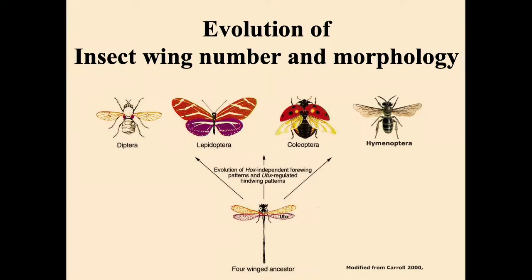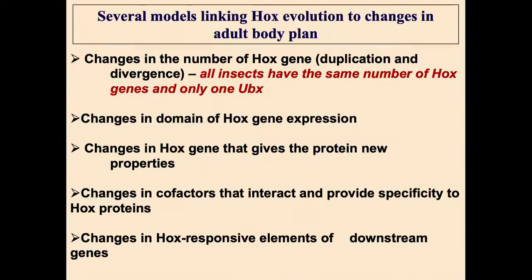In lepidopterans, butterflies, moths and others, forewing and hindwing are different in terms of size, shape and decorative patches, but still functionally they are wings, flight appendages. And the dipterans have another extreme change where the hindwing is modified into 2 balancing organs called halteres. They are not direct flight appendages, so only 1 pair of wings acts as a flight appendage. Similarly, in coleopterans, only the hindwing functions as a flight appendage.